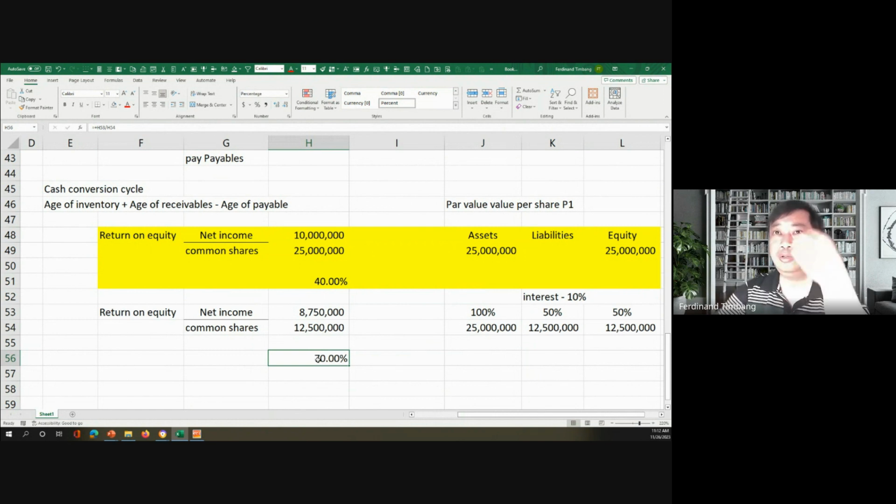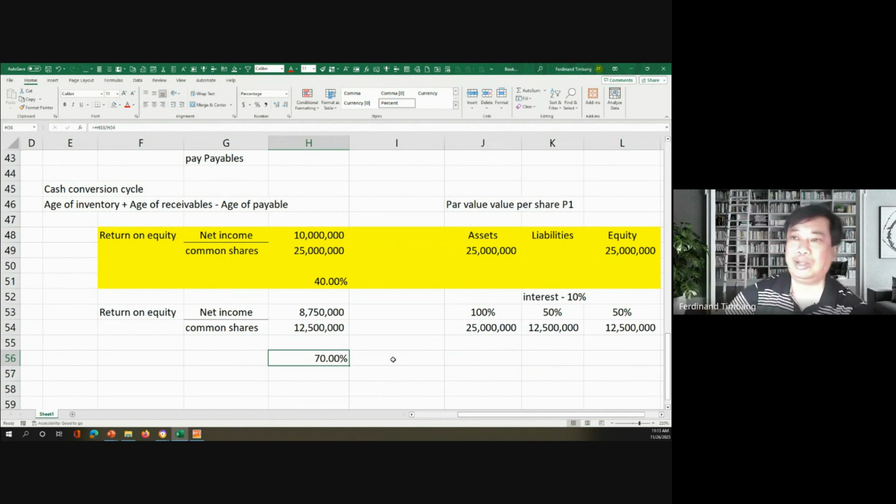And when an investor looks at the financial statements of the company, they would look more on this one, not on the net income, but the return on the equity, because that is the return on the investment that they made. Yung net income hindi yun ang return mismo but the percentage return on the owners, di ba?